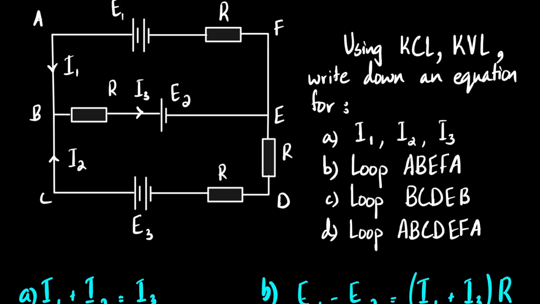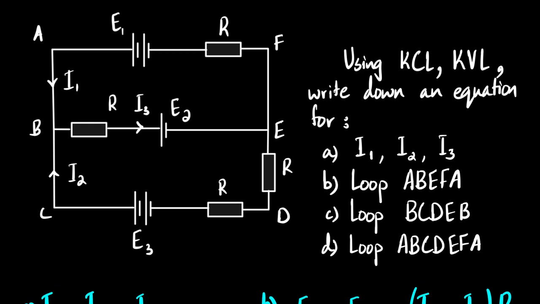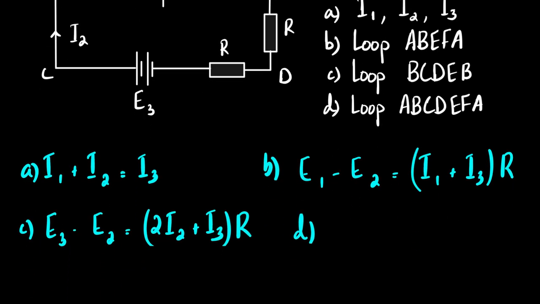I could have also done it the other way and it makes absolutely no difference. So I1 is entering into the negative terminal of this one, so this is going to be taken as a positive EMF, and it enters into the positive terminal of this one, so it's going to be taken as a negative EMF. So I'm going to write E1 minus E3 here.